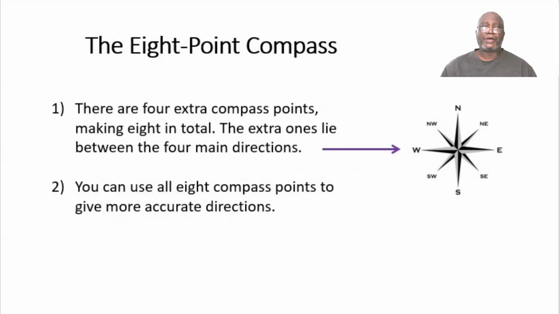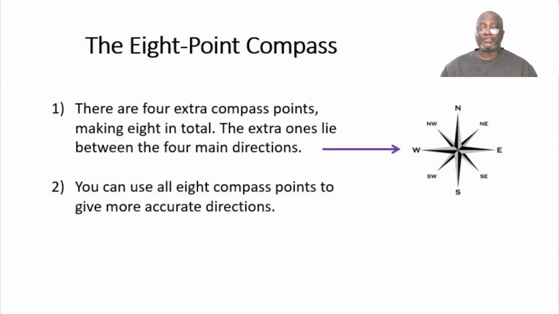The 8-point compass. Although compass points are primarily 4 points, to make it easy for direction purposes or for movement purposes, it is divided into 8 points. So the point between north and east is known as northeast. So you're not going directly north or directly east, you're going in a direction in between.